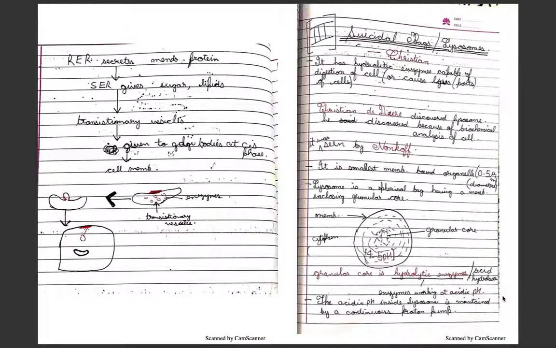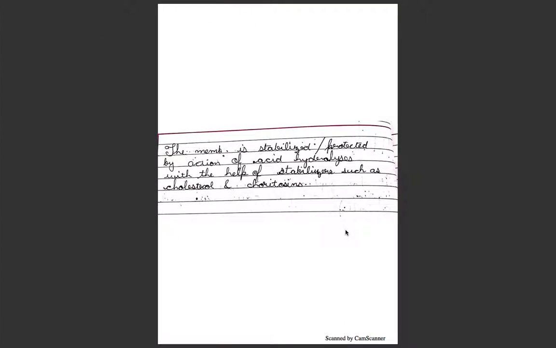The hydrolytic enzymes are enzymes working at acidic pH. The acidic pH inside the lysosome is maintained by a continuous proton pump from the cytoplasm.